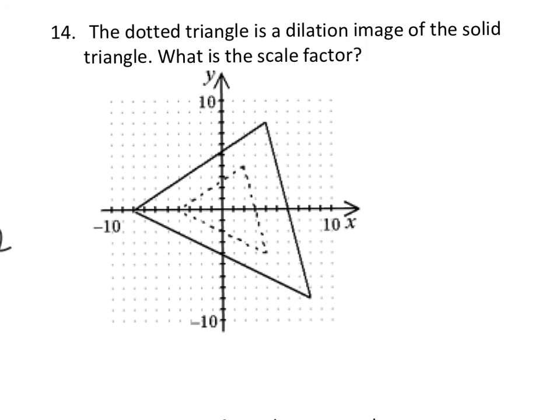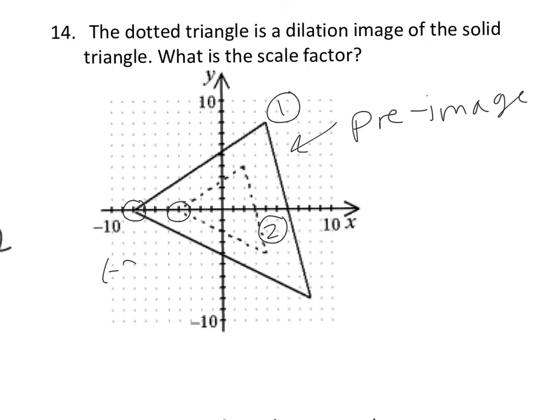The dotted triangle is an image of the solid. What is the scale factor? So this means that this solid one went first and the dotted one went second. So the solid one is a pre-image. So the scale factor is going to be less than 1 because it's shrinking. So what you can do is you can write the coordinates. I'm going to take this coordinate and this coordinate.